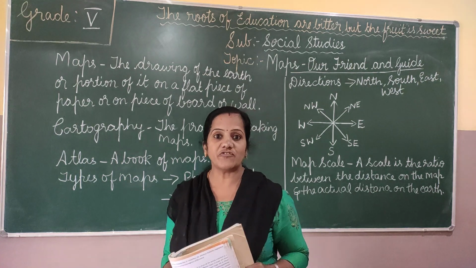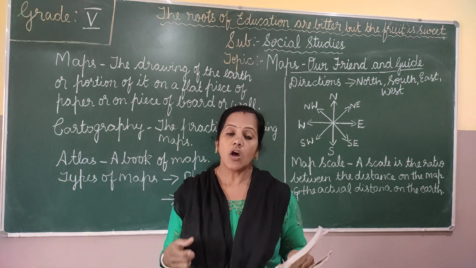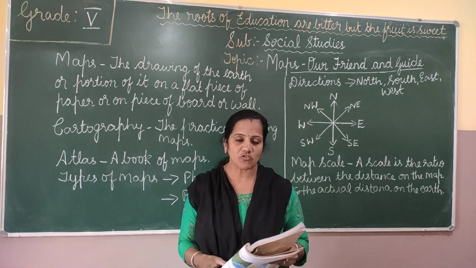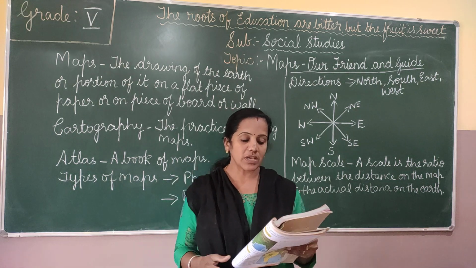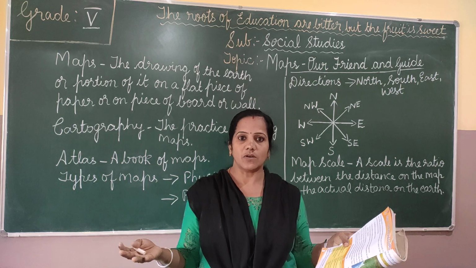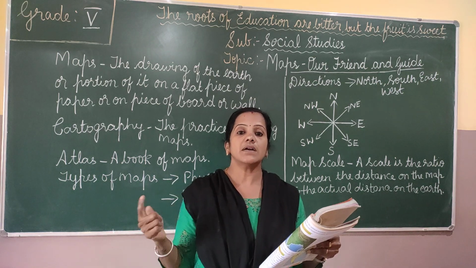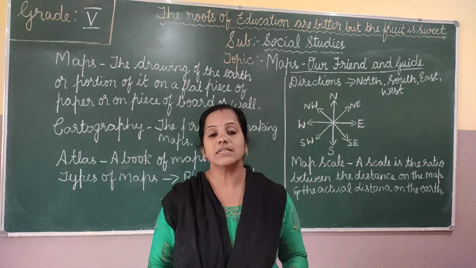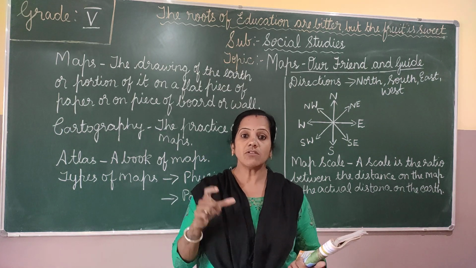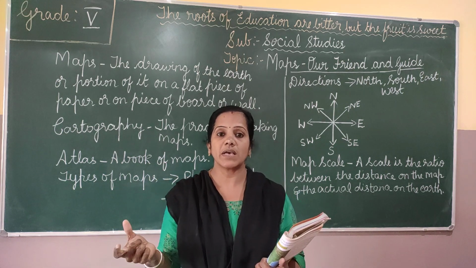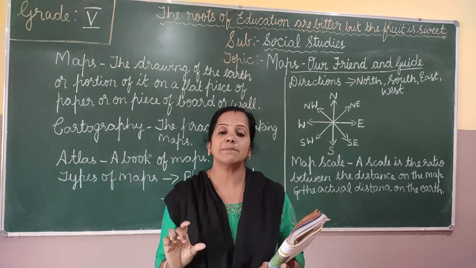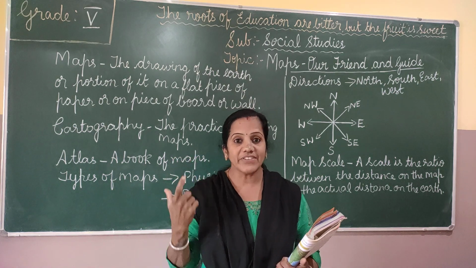Maps can be of different sizes. They can be small or big also. We have different types of maps. We can make a whole world map on a flat paper, or a country map, a city map, a village map.